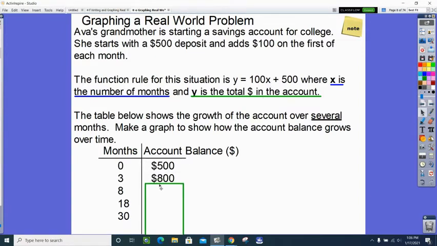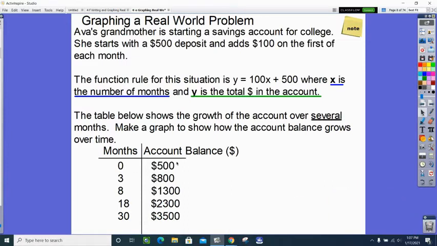And remember that now, as the numbers get bigger, the calculator is very useful. 100 times 8 is 800 plus 500 is 1,300. 18 times 100 would be 1,800 plus 500 would be 2,300. Her account's growing nicely. And 100 times 30 would be 3,000, and the 500 would be 3,500.